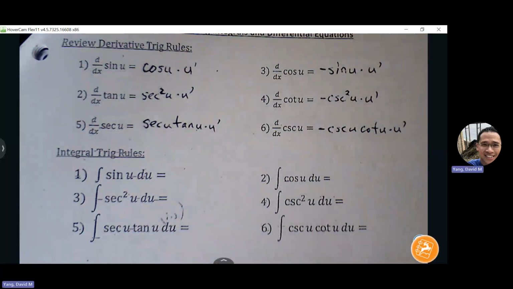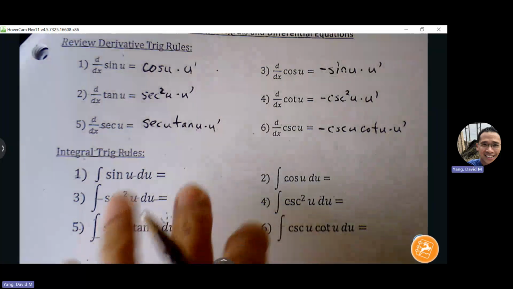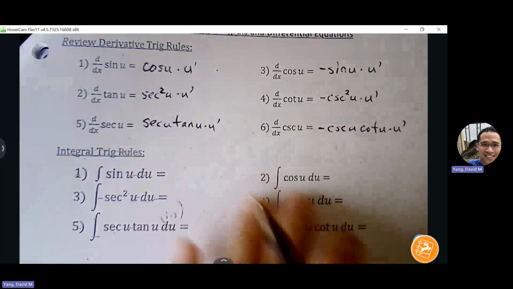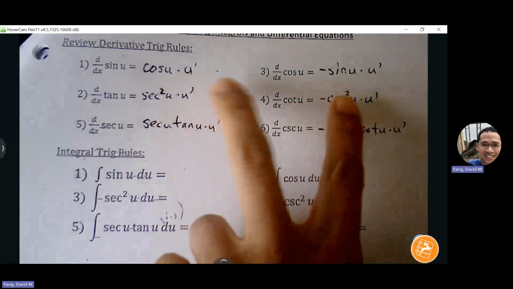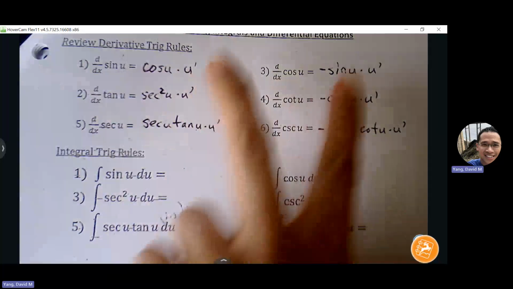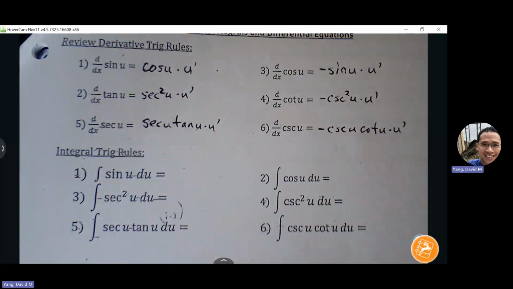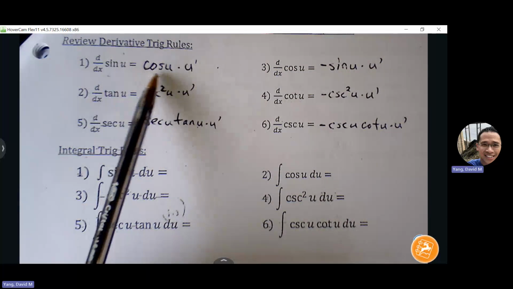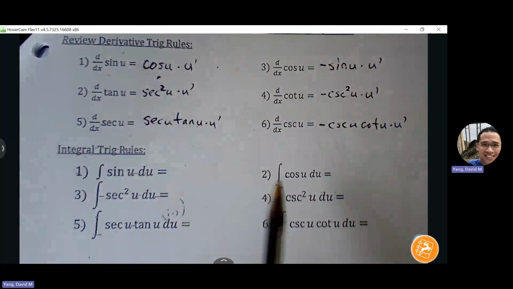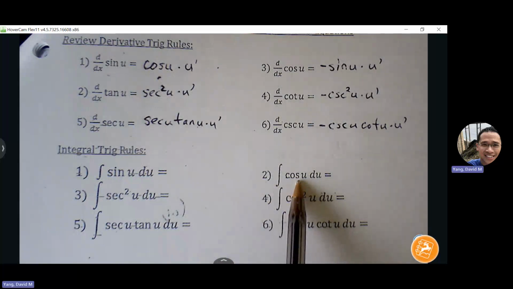Okay, so these 6 derivative rules are still going to prove very useful this semester. I don't want us to memorize these trig integral rules. I just want us to be able to write the derivative rules at the top of the page and read them backwards, because the backward is the integral rule. If the derivative of sine is cosine, what do you think the antiderivative of cosine will be?